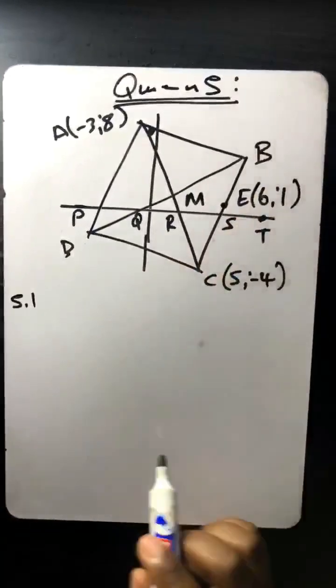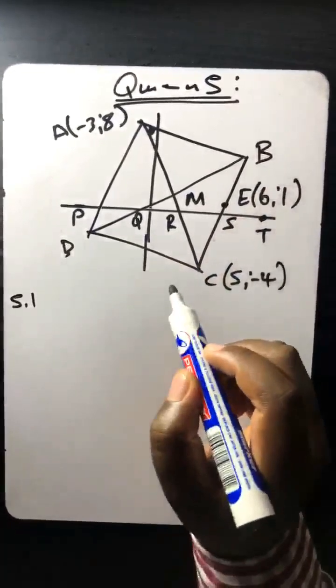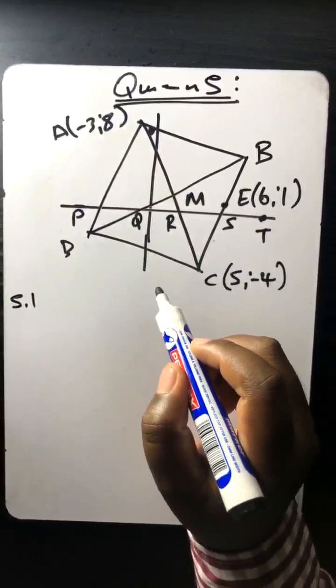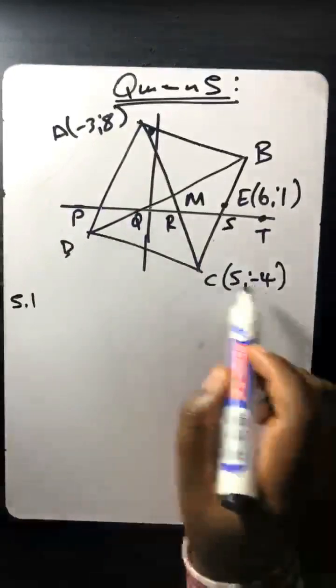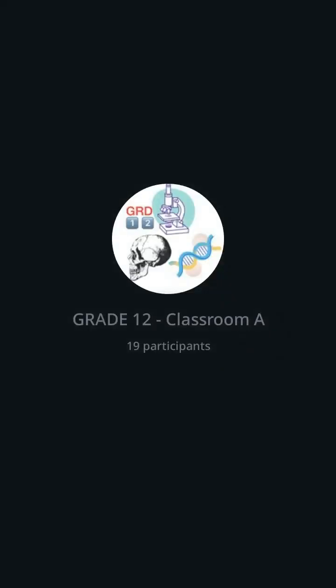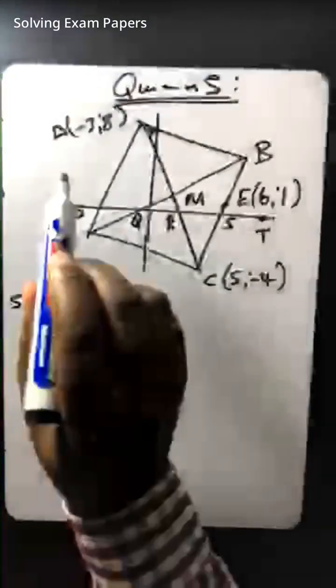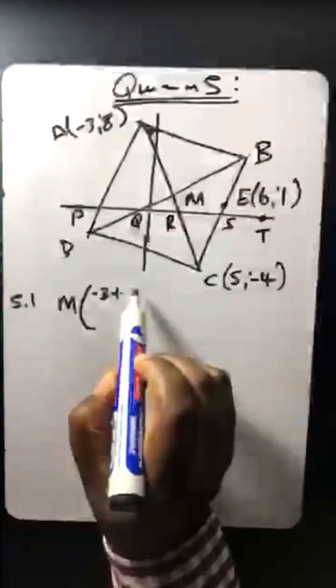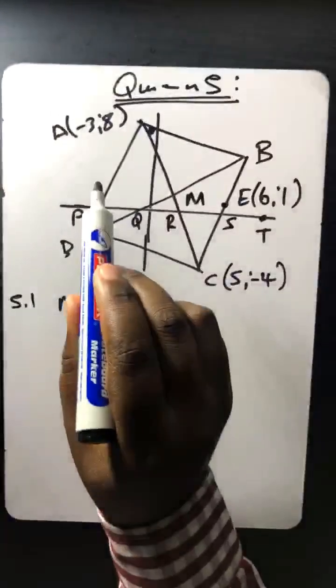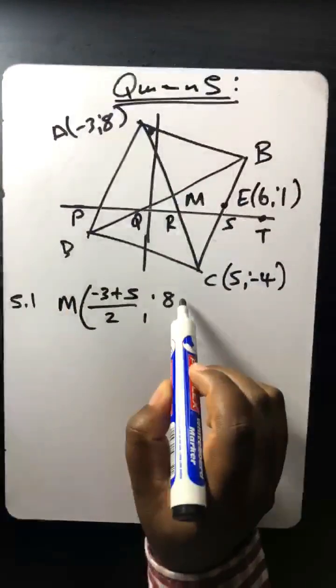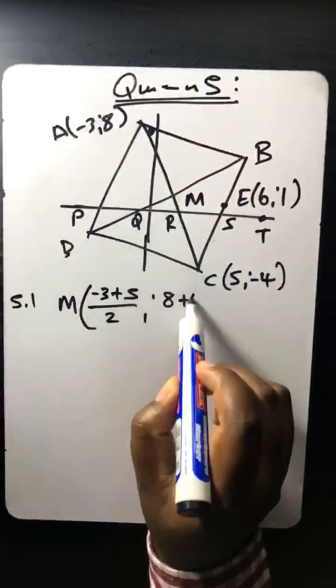So let's see if I calculate the coordinates of M. I just need 2 points. We know the formula. So let's say x1 is -3 plus x2 being 5, over 2. And then y1 plus y2 being -4.